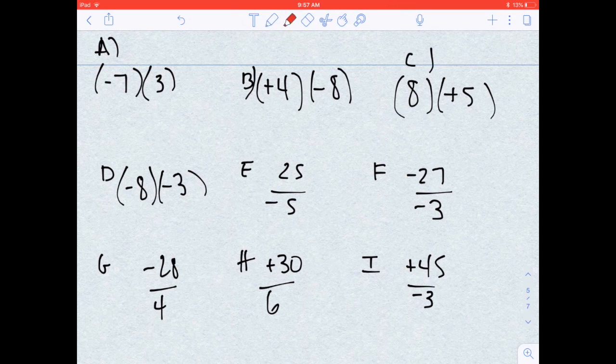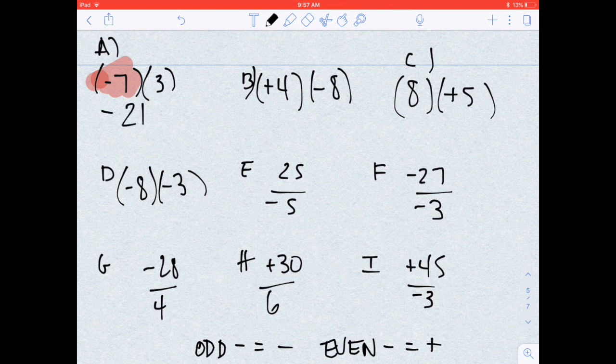So first one, negative 7 times positive 3. I know I'm going to get a negative number because an odd number of negatives equals a negative number. An even number of negatives equals a positive number. So I know I'm going to get negative 21.